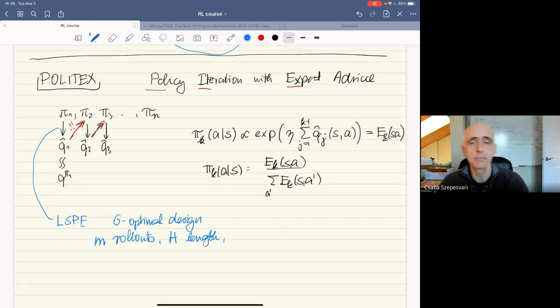So it suffers from the same problem as approximate policy iteration, that it needs the G-optimal design.